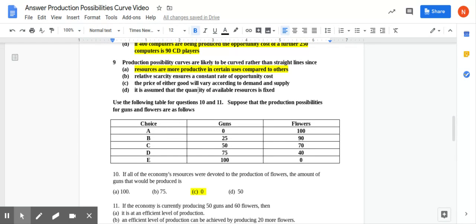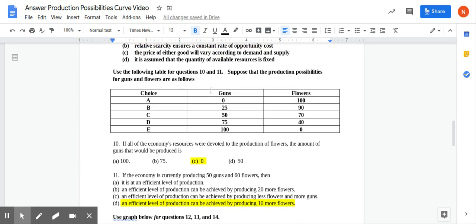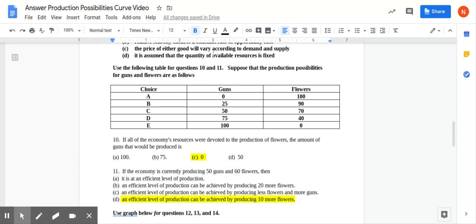It is assumed that the quantity of available resources is fixed. Nope, that's not true either. It can always be growing. We can always get more resources. We can always lose resources. So that's not going to have a straight line there.